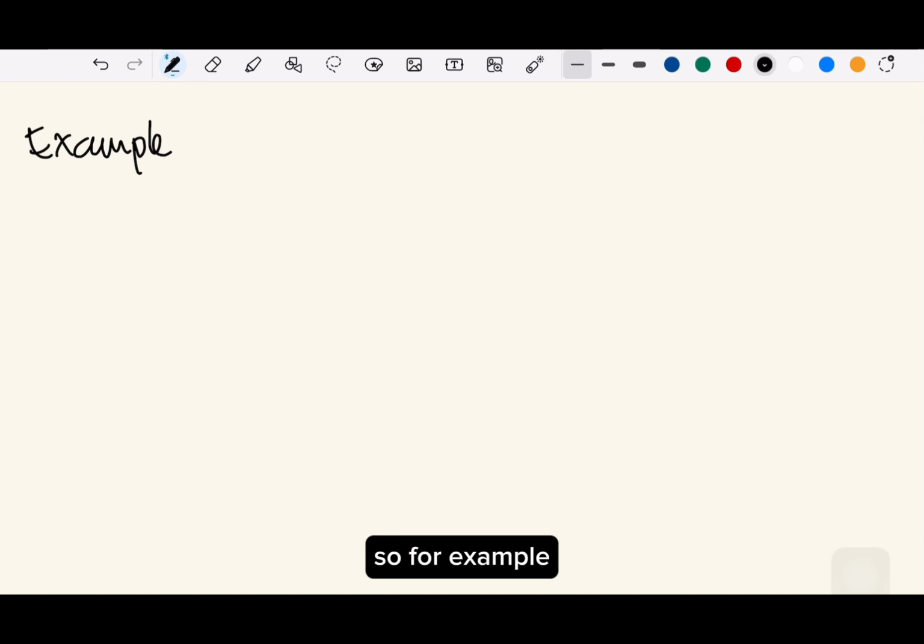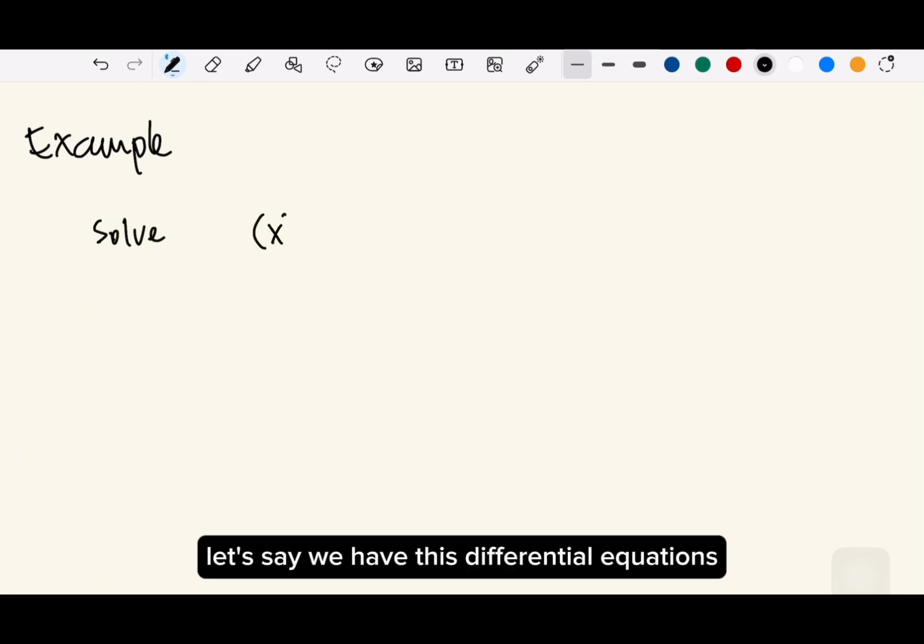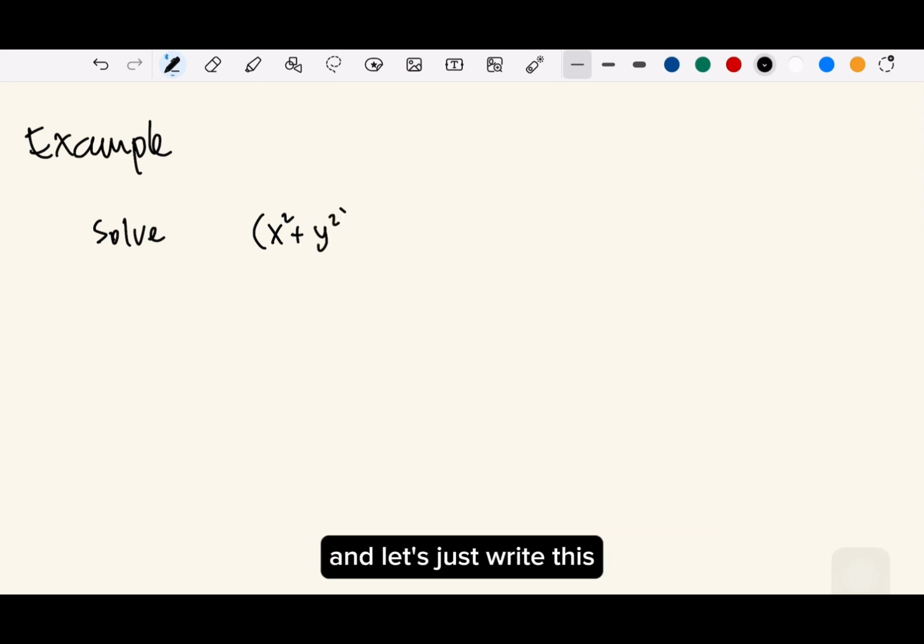So for example, let's say we have these differential equations, and let's just write this.